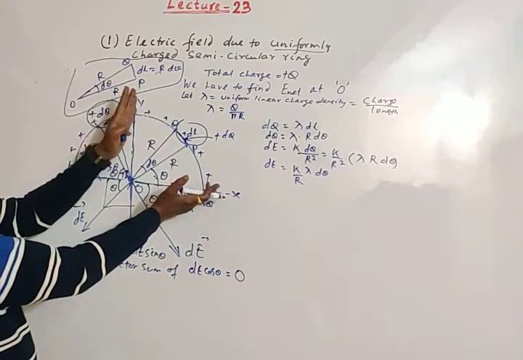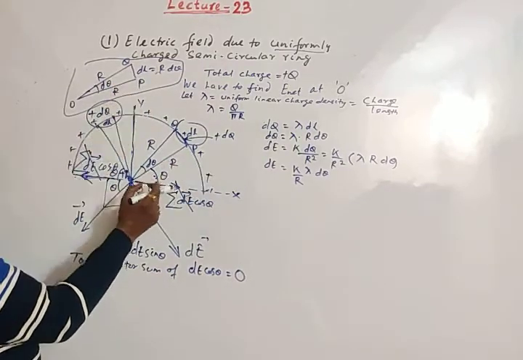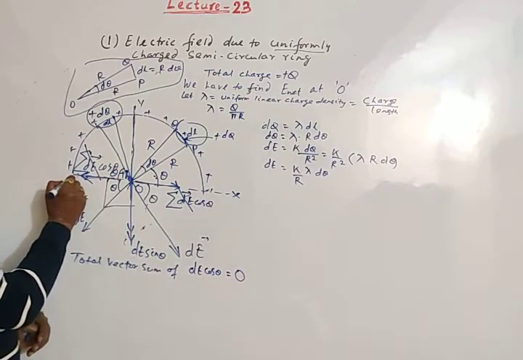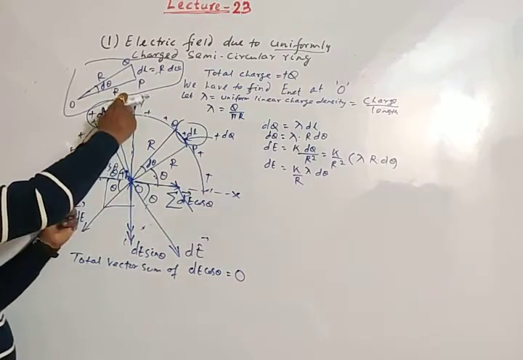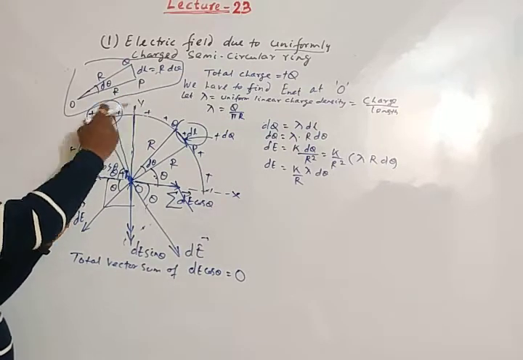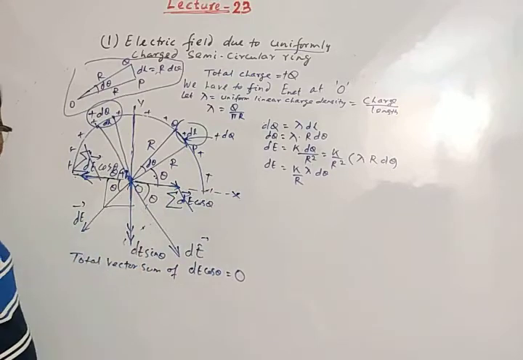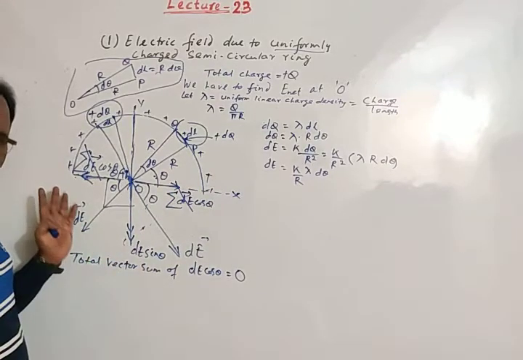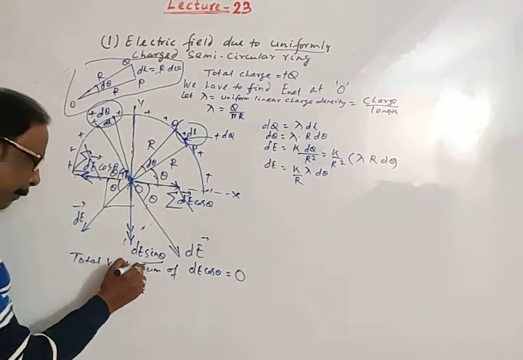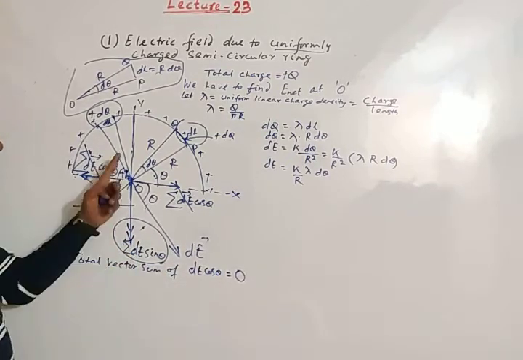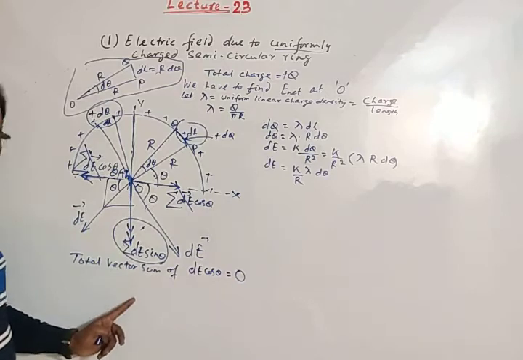Due to whole pi r by 2 along this side, electric field along x-axis is sum of dE cos theta, and along the other side also, which cancel each other. Then the only component that exists is sum of dE sin theta, which is along y-axis.